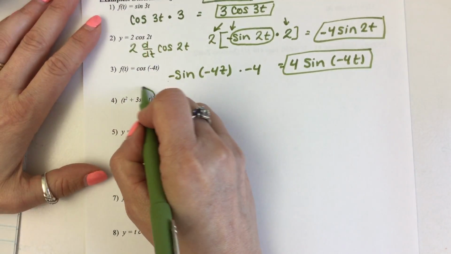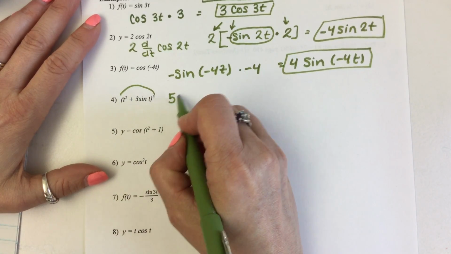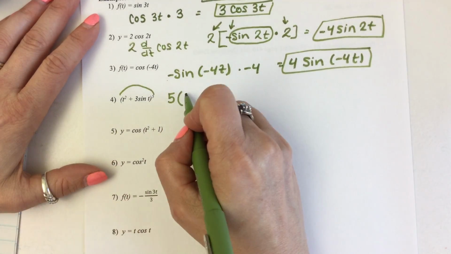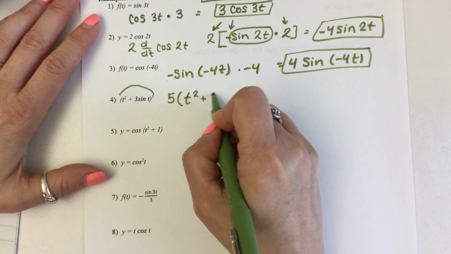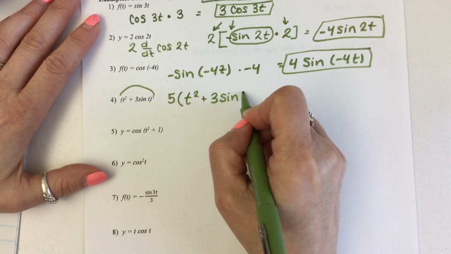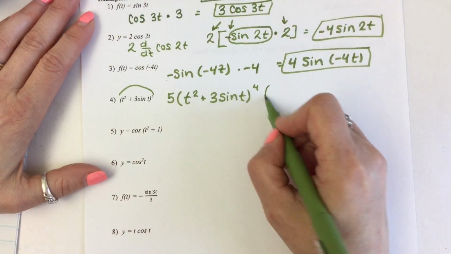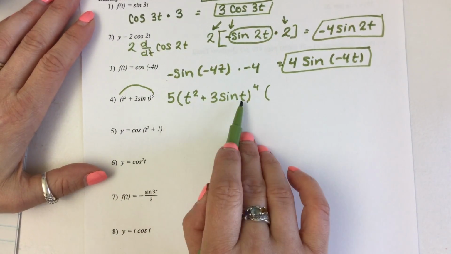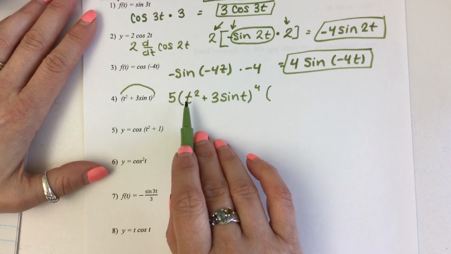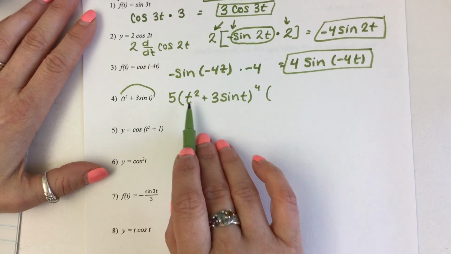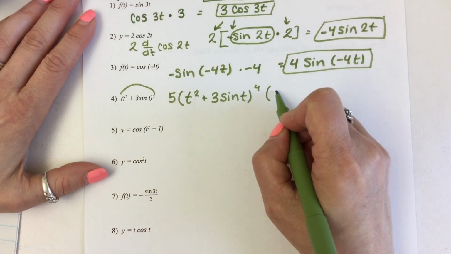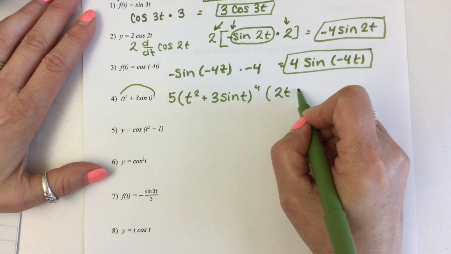Next one is going to be the general power rule. This 5 would go out front. So 5, we keep the group the same, t squared plus 3 times the sine of t, reduce the exponent. Now I multiply it by the derivative of the inside. This is the sum rule. I just take the derivative of each piece separately. The derivative of t squared is 2t.